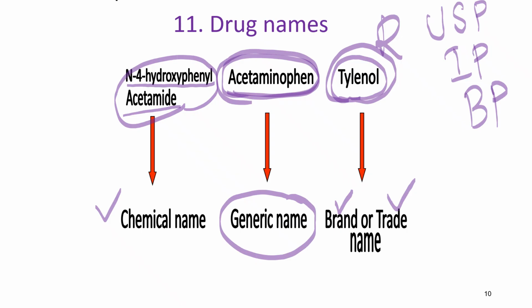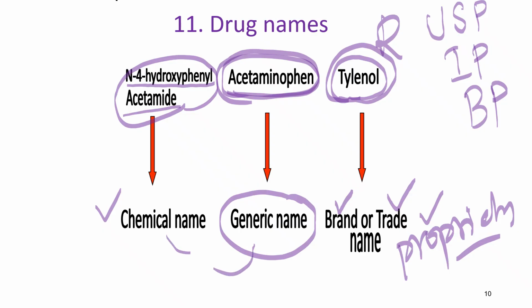Brand names are also known as proprietary names, because a proprietor means there is an owner of the company. Whereas the generic name and chemical name are non-proprietary. There is no proprietor. So generic means non-proprietary.